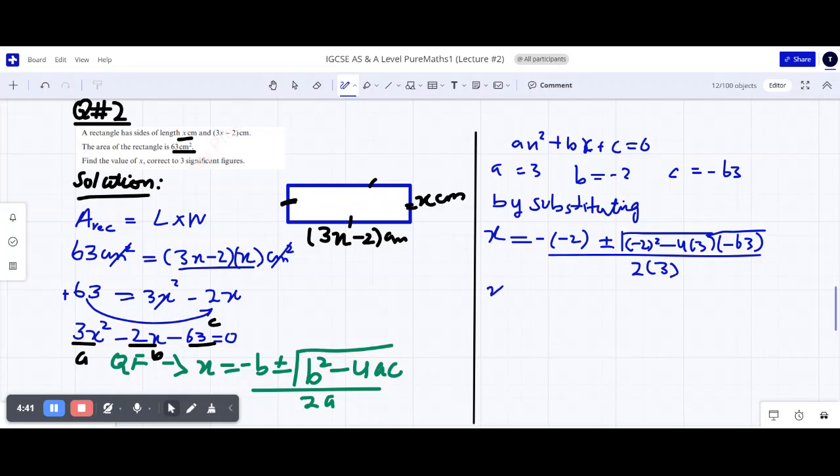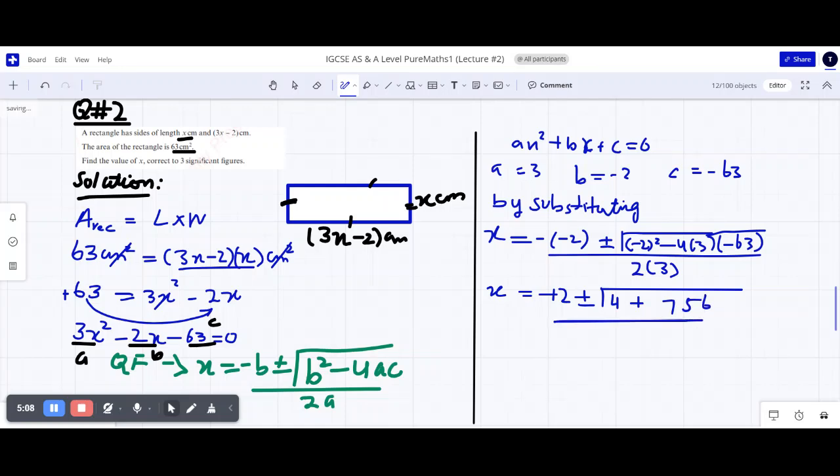So now x is equal to minus minus plus, it would be 2, and then plus minus root, the square of a negative sign is always positive, and 2 square is 4, then minus minus plus 4 times 3 is 12, 12 times 63 is 756.